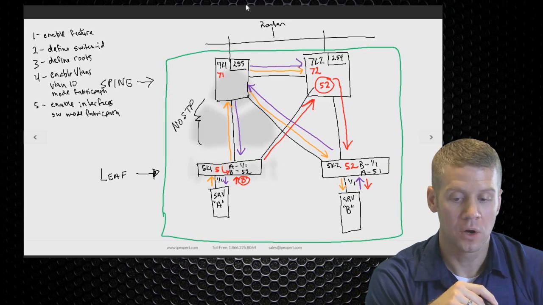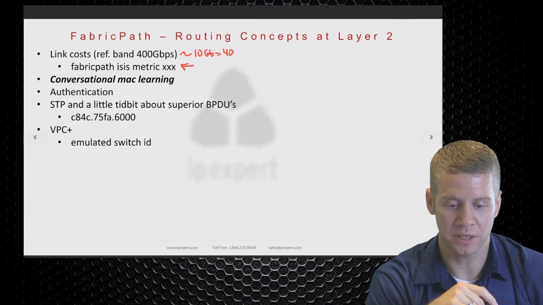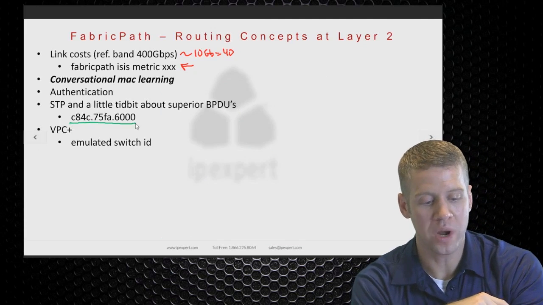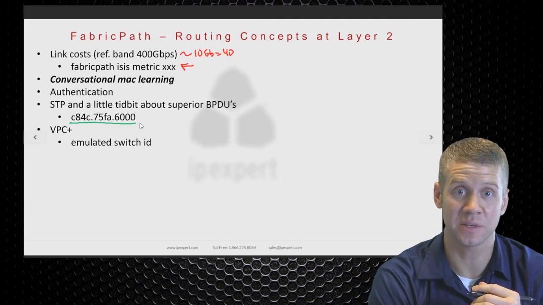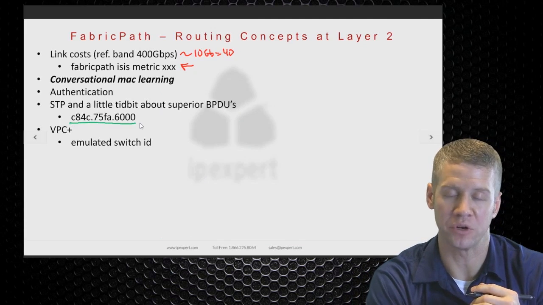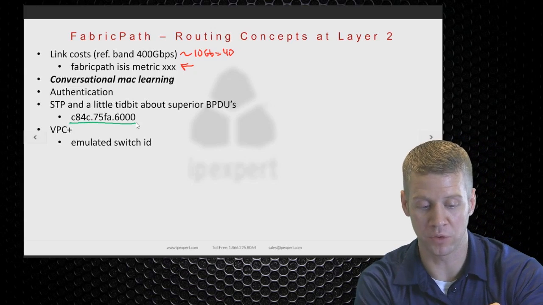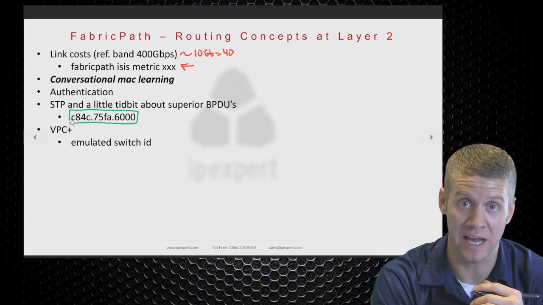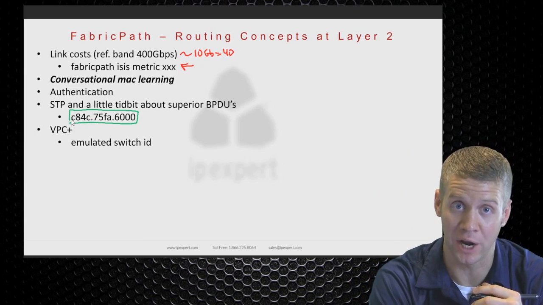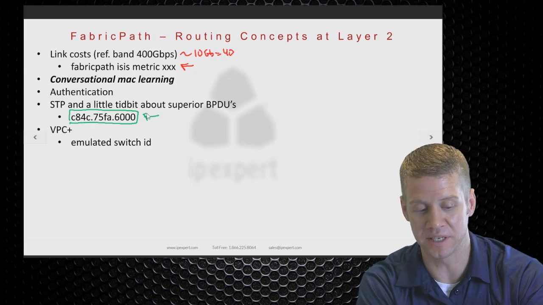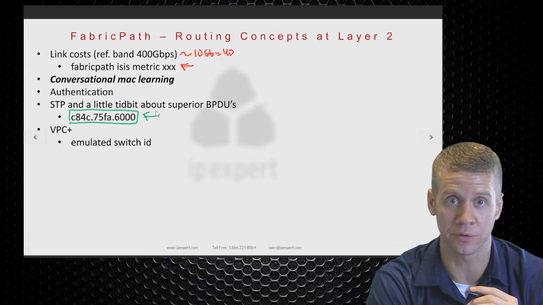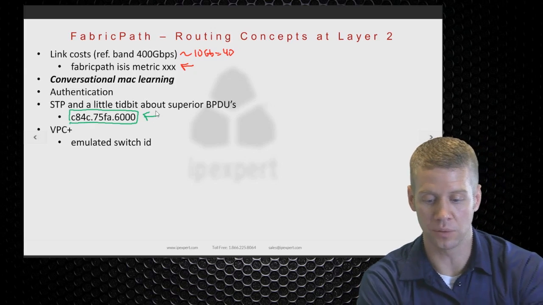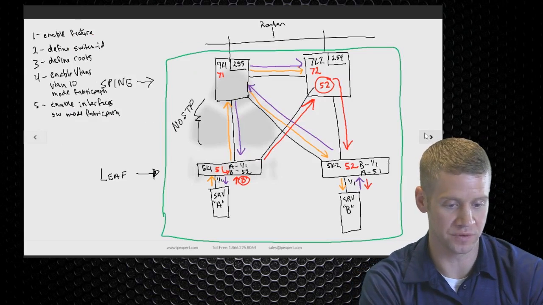That makes sense? When we look back, I've got a little tidbit here. We represent ourselves as this MAC address, okay? I don't even claim to remember this, but we have to remember that every FabricPath switch that has a classical Ethernet segment hanging off of it is going to use this as its representation to the classical Ethernet domain. So I'm just going to say .6000 for this case.